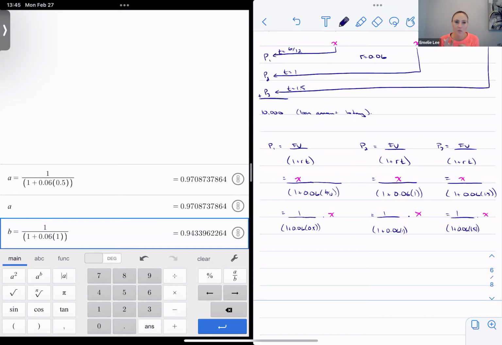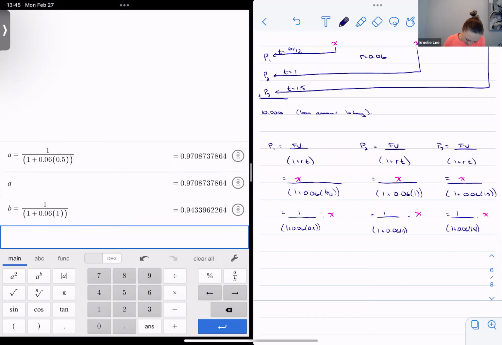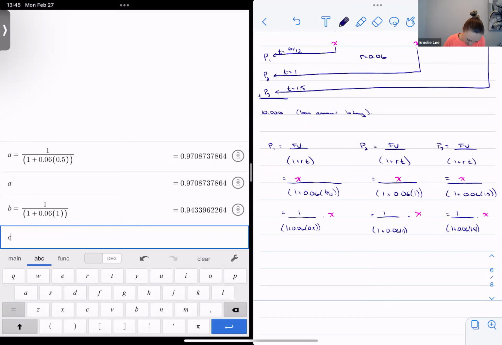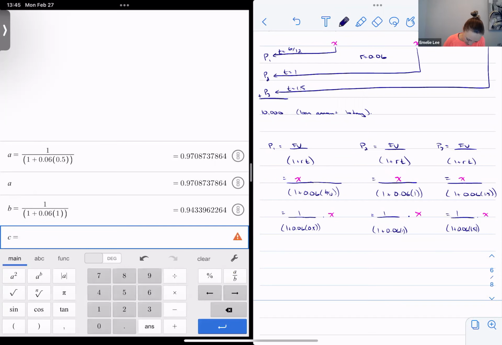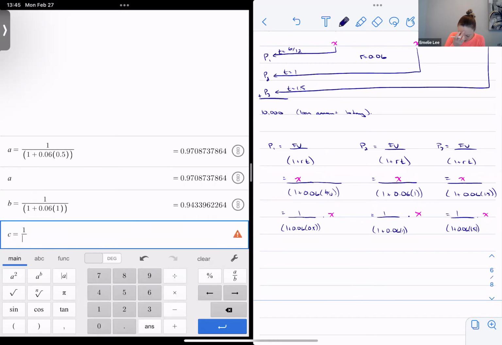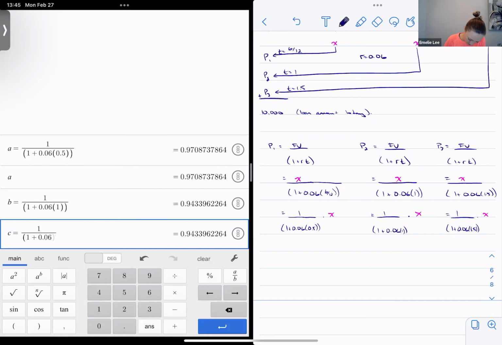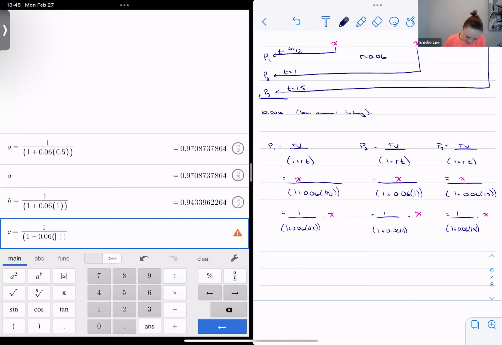So they're going to be smaller numbers, right? And finally, C is going to be 1 divided by 1 plus 0.06. Oops, I forgot my brackets here. Uh, 1.5.